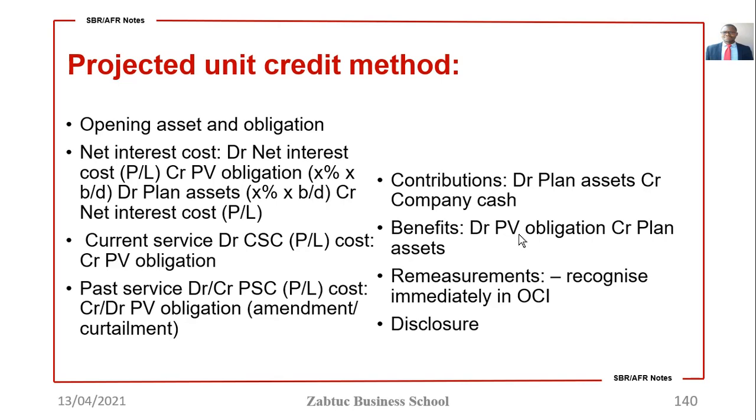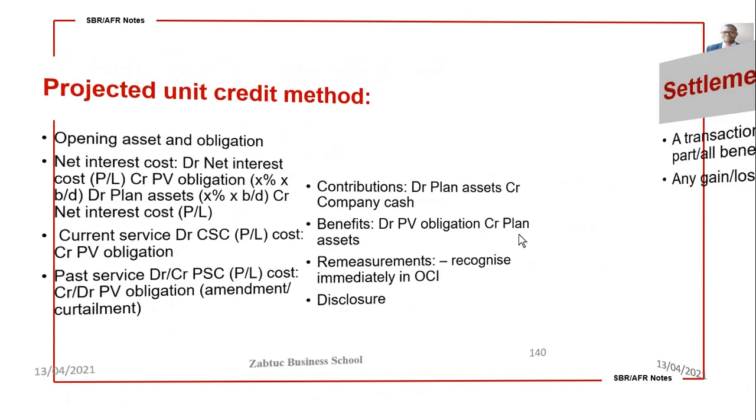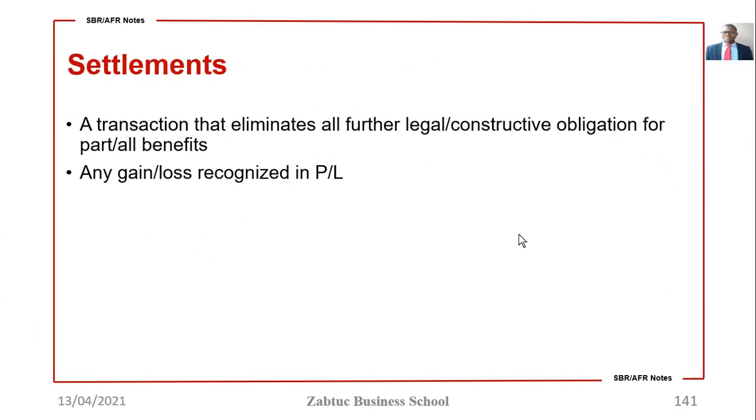There will be a difference between the accounting figure for plan assets and plan liabilities, and that which is computed by an individual who has expertise in valuation. So the difference will either be a gain or a loss, and that should be recognized in OCI. All relevant disclosures must be made.